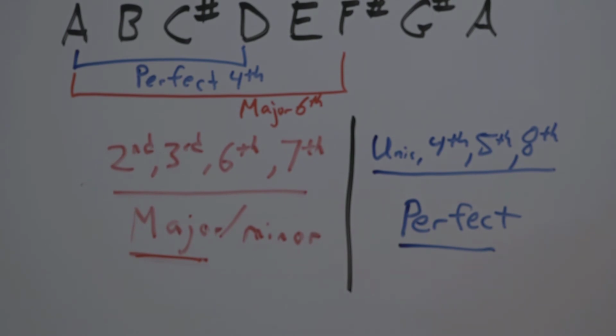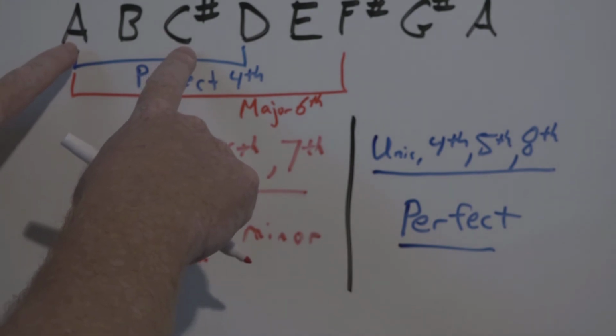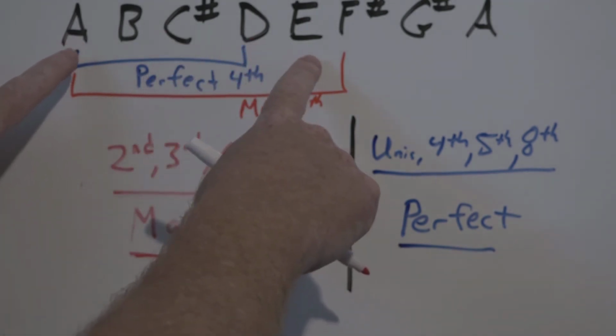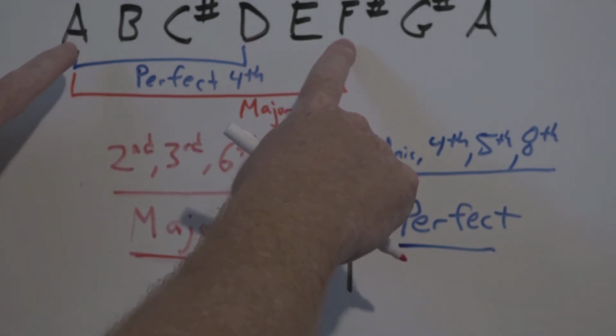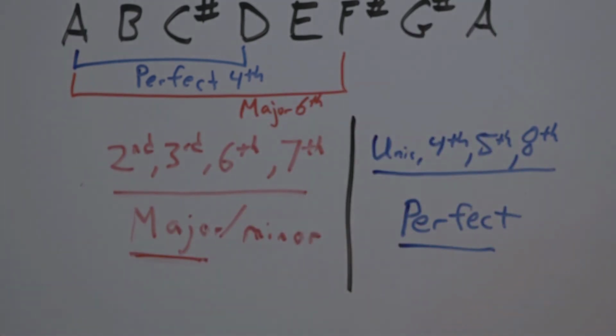So all of those notes in the major scale will be either a major second, third, sixth, seventh, or perfect fourth, fifth, octave. We can actually go through them all: a major second, a major third, perfect fourth, perfect fifth, major sixth, major seventh, and perfect octave.